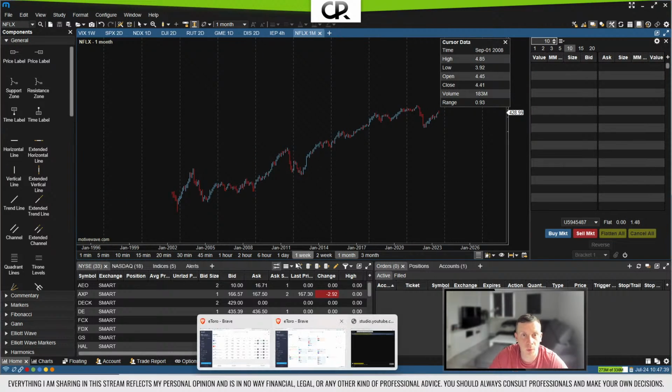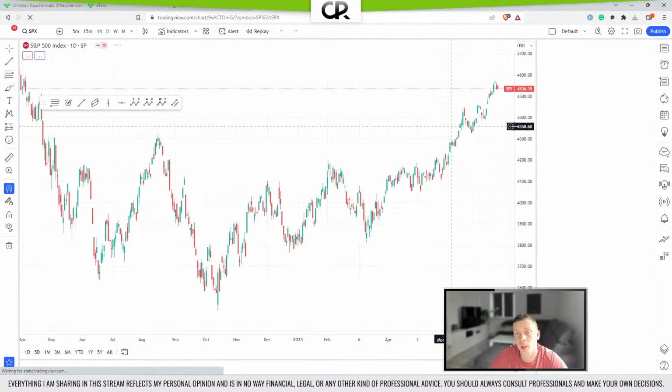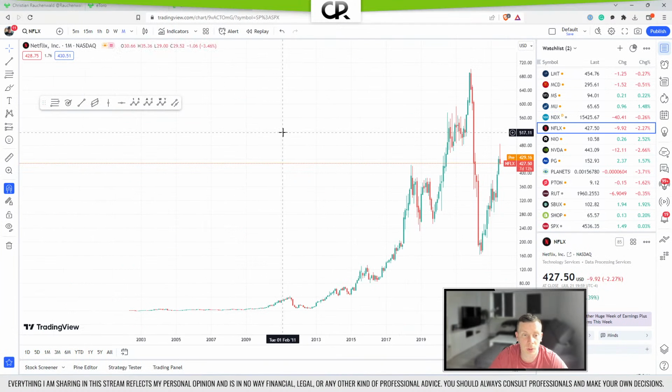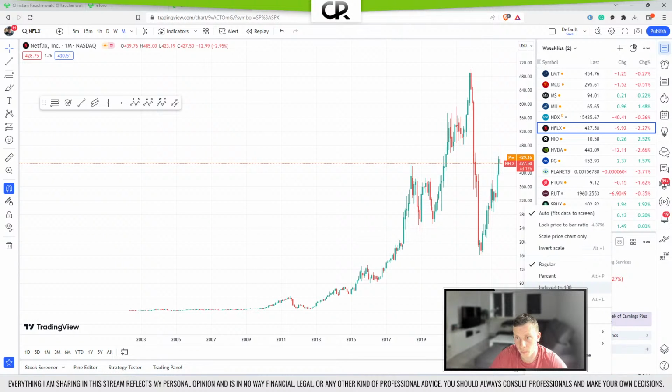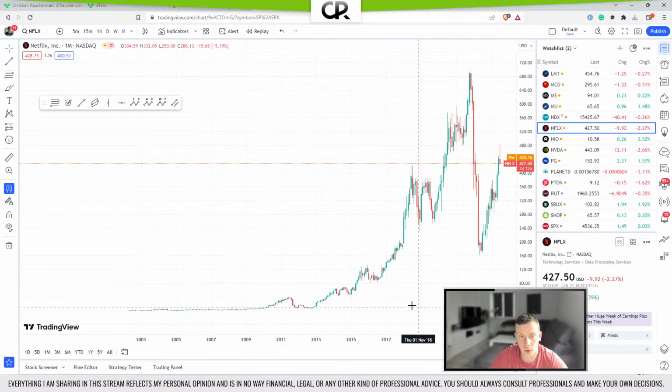The first thing we do whenever we have a chart is we use TradingView and we check the chart on the monthly history to see if we have all the history. So we have data here from 2002.